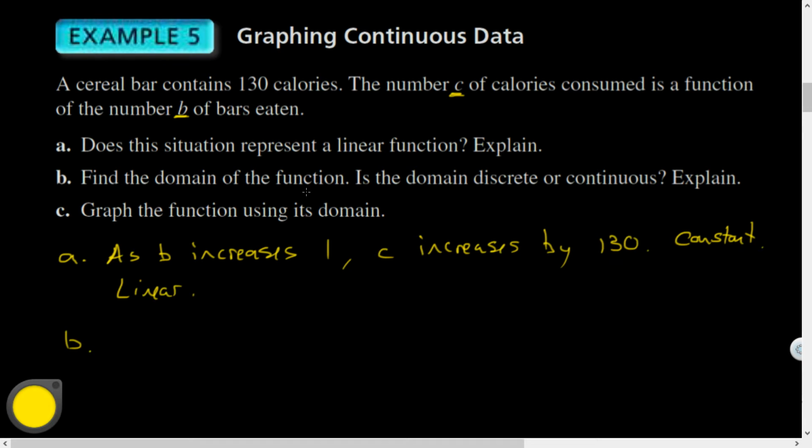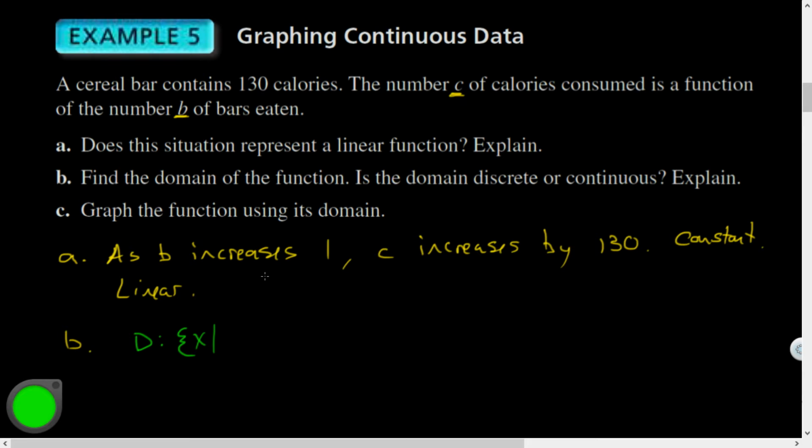Okay, let's see B. It says find the domain of the function, and is the domain discrete or continuous? Okay, so for my domain, it's going to be the set of all x such that, let's see, can I eat 0 bars?